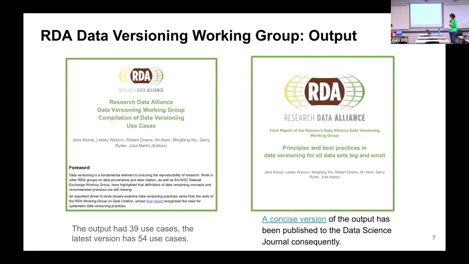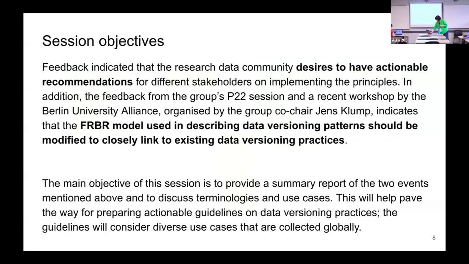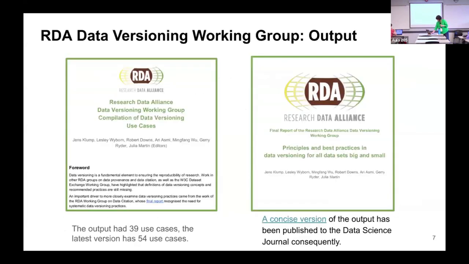We published a report, and we also published a more abridged version of the data versioning principles. There's also a peer-reviewed paper in the Data Science Journal that discusses the data versioning principles. And I think I'll hand back to Ming, or Kirsten, for the session objectives.